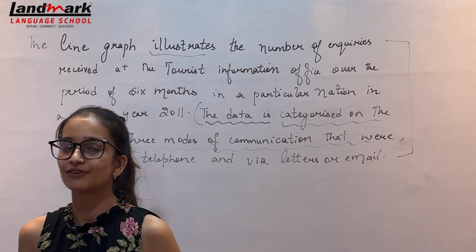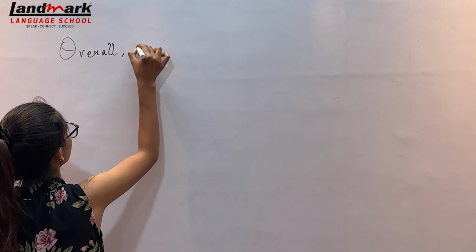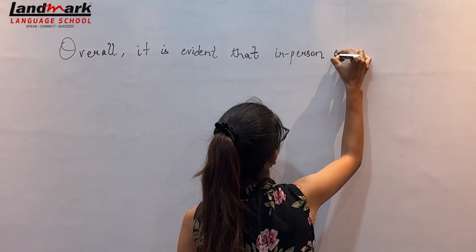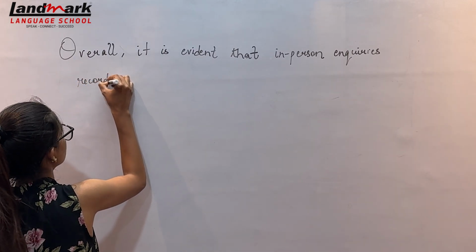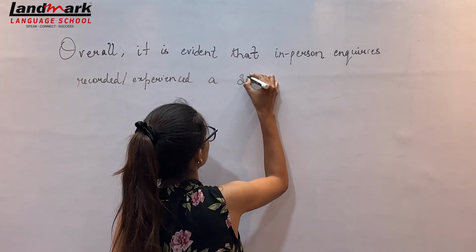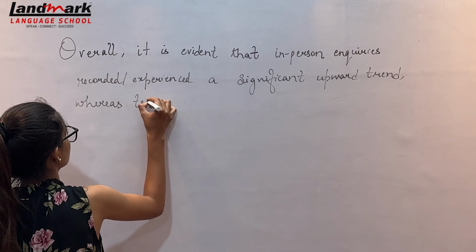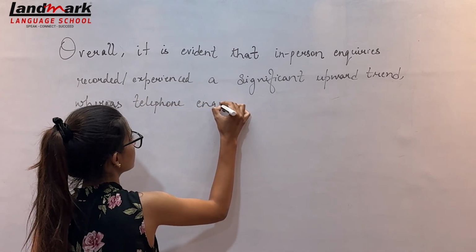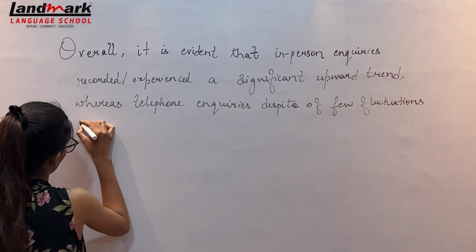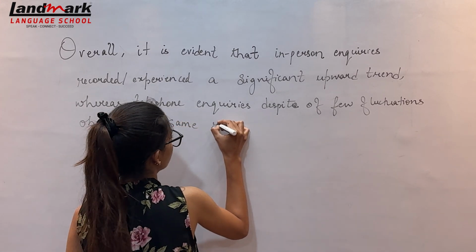So now let's move to the overall. To write a good overall, starting with overall, it is evident that in-person inquiries recorded or experienced a significant upward trend, whereas telephone inquiries, despite a few fluctuations, observed the same rising trend.